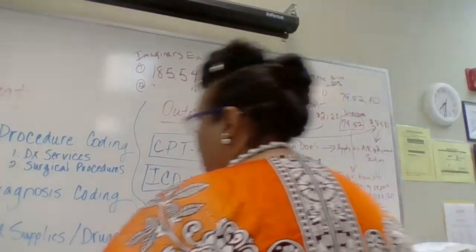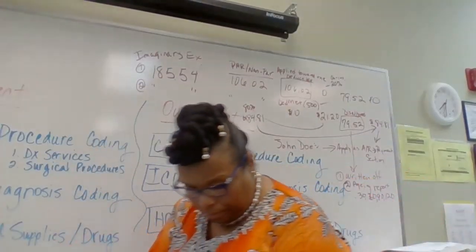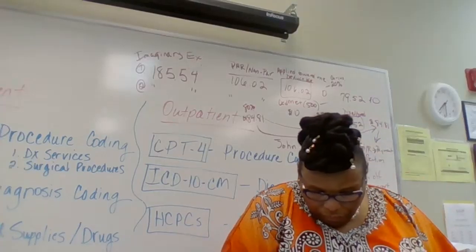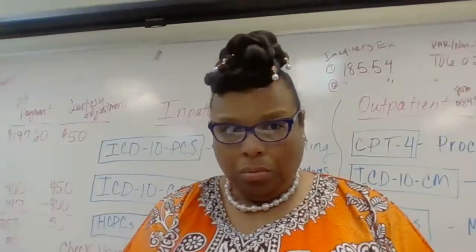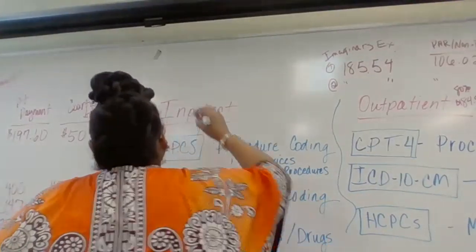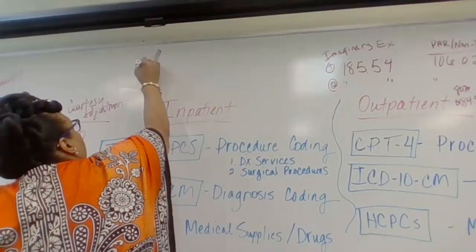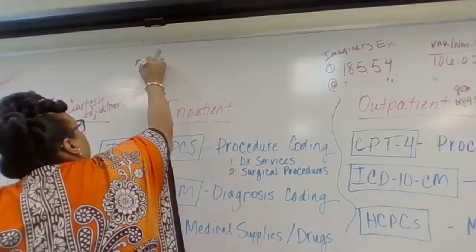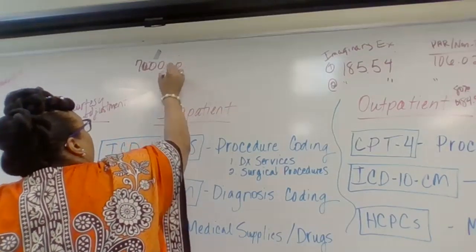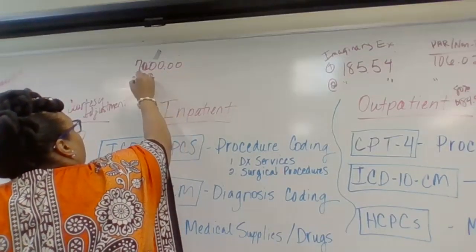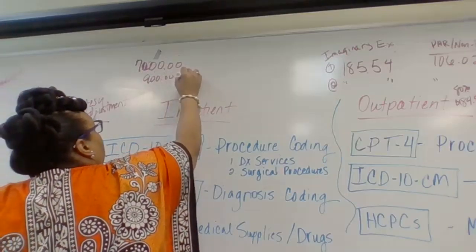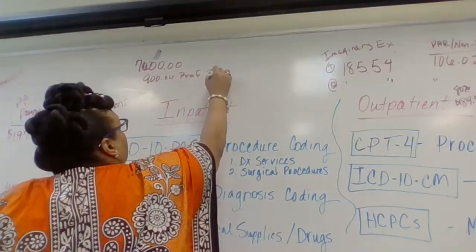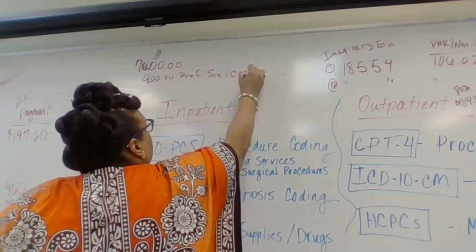Right. So what ends up happening is, this is your deductible pot. This is your money pot. This right here is $900 professional services on the CMS 1500 form.